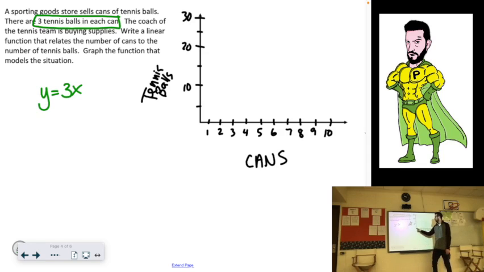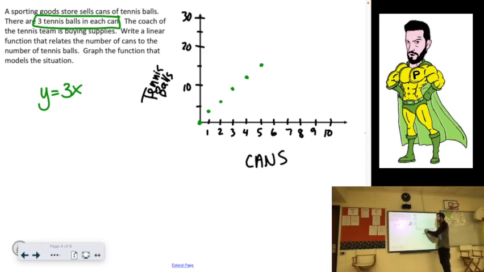If we buy 0 canisters, we have 0 tennis balls. And then our slope is 3, so we'd go up 3 over 1. That's about there. We're at 3 for 1 canister. 2 canisters will be at 6, so we go up 3 over 2. 6 plus 3 is 9, so go up to 9 and go over 1. 9 plus 3 is 12, over 1. 12 plus 3 is 15, over 1.